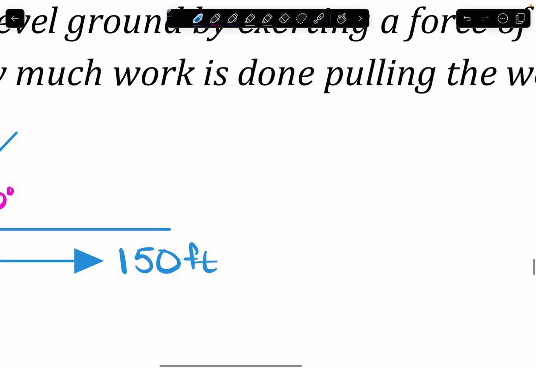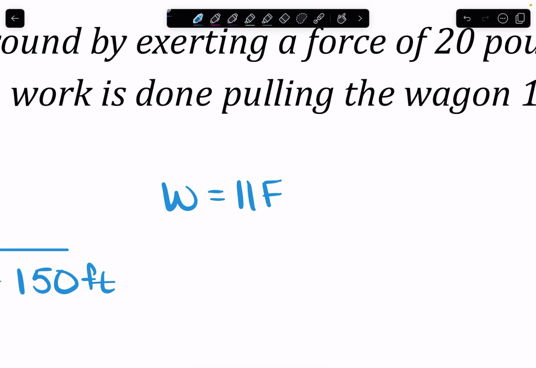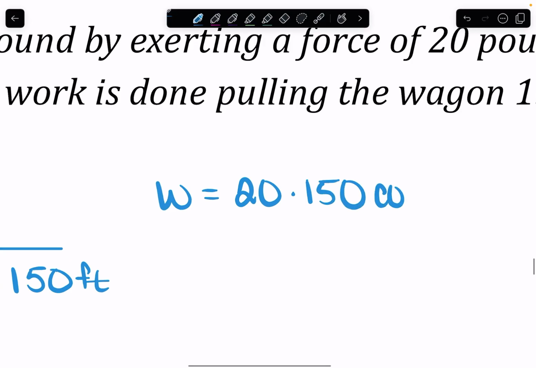So the work being done is equal to the magnitude of the force being applied, which is 20 pounds, times the distance at which he's applying that force, which says 150 feet, times cosine of the angle it's being applied.